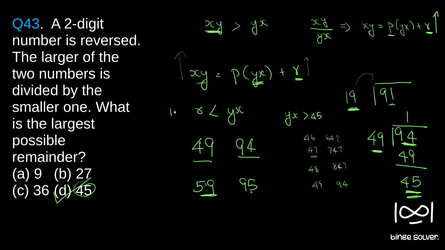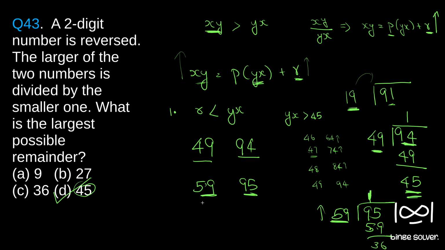If you take 95 by 59, again 1 will come, 59, and this number got increased. For 49, the other number was much smaller and the remainder was larger. Here, since it is 59, when we take the remainder, it becomes 36, so the remainder got reduced.